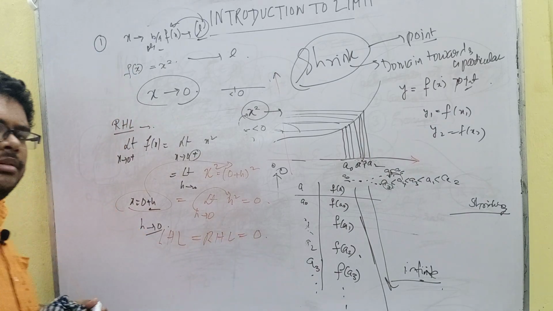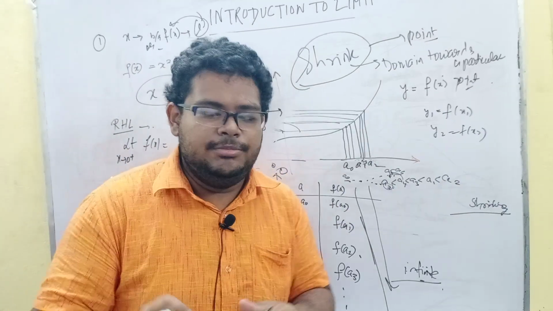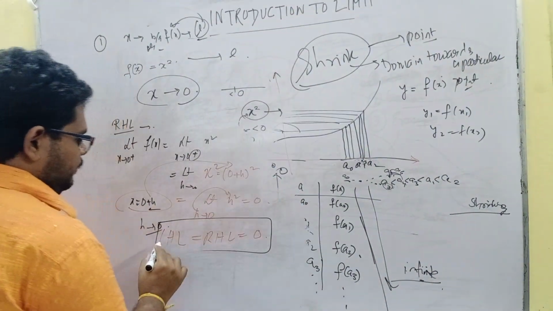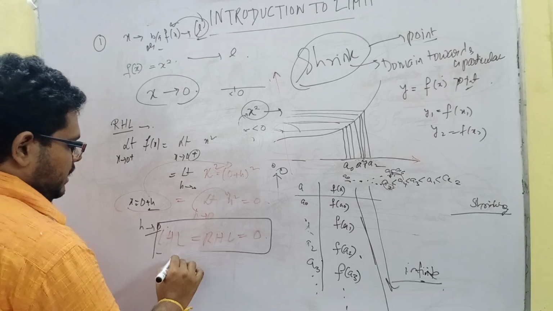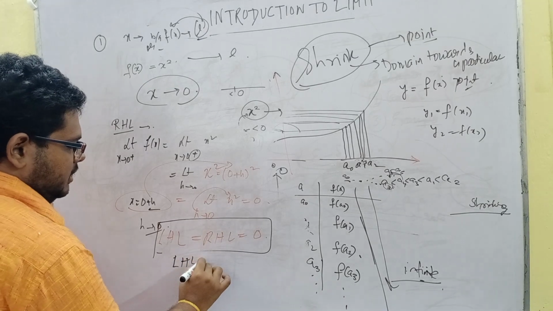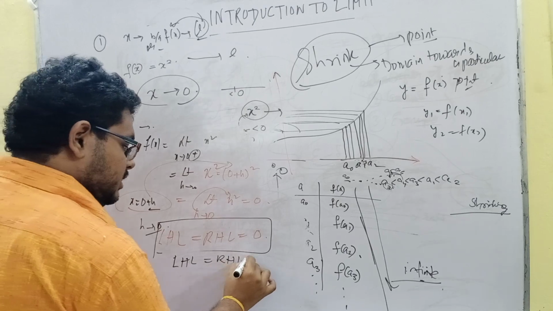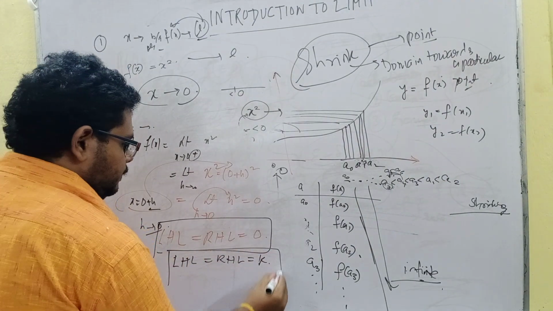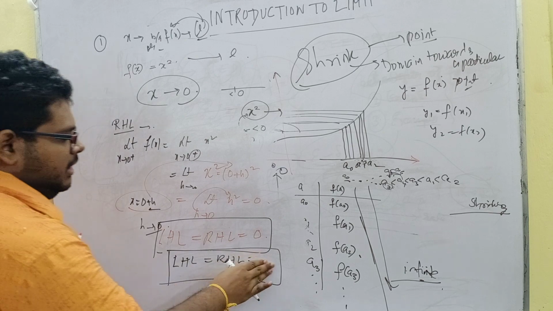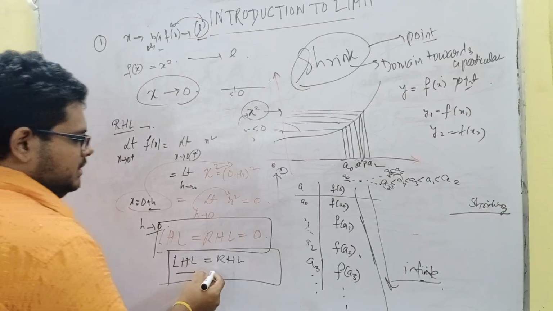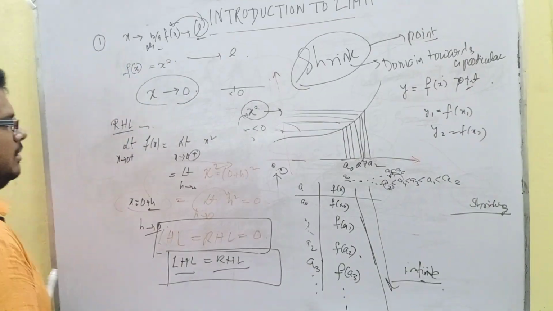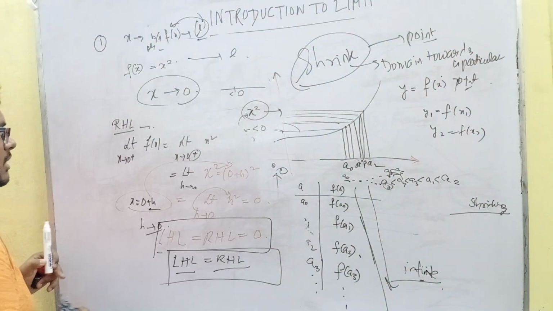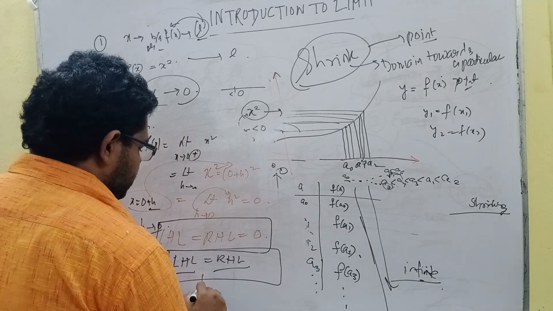So both are 0. Then this is a very supreme condition actually. If this is true for any function, if the LHL of that function equals the RHL of that function equals some constant, or we can say also, if the LHL and RHL are equal, then the limit will obviously exist. So this is the criteria for existence of limit.